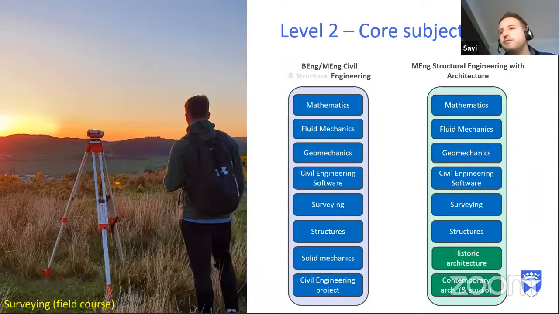You can understand that designing dams and designing a system for waters is basically a civil engineering job. So this is really the basic physics of fluid mechanics that is helpful to then apply to all different civil engineering problems. Also, a fundamental core subject is a geomechanics course. So it's basically the mechanics of soil.